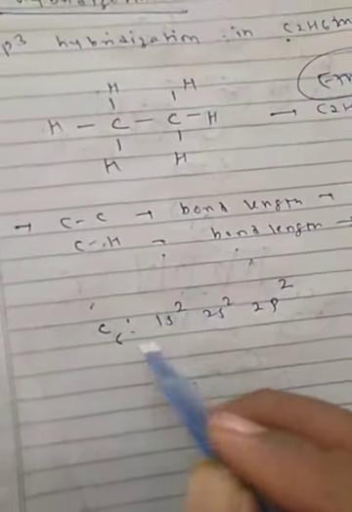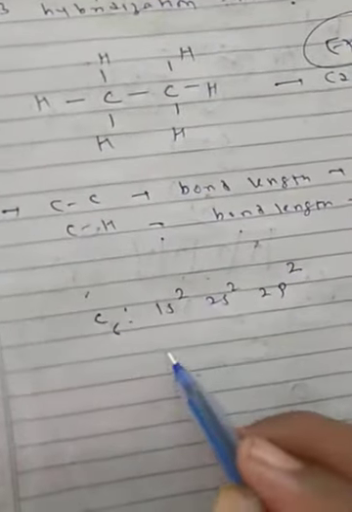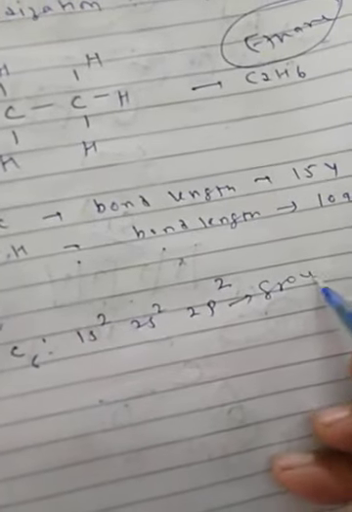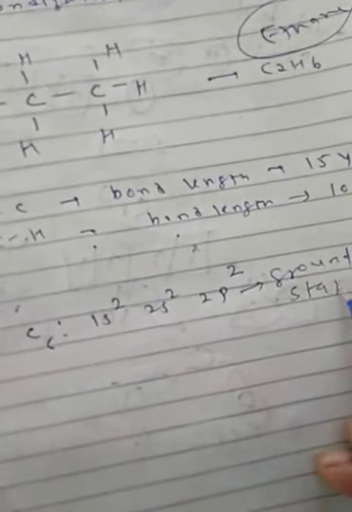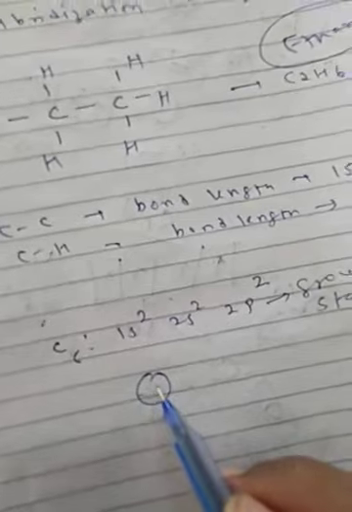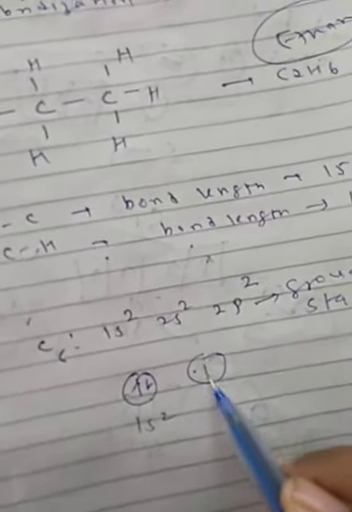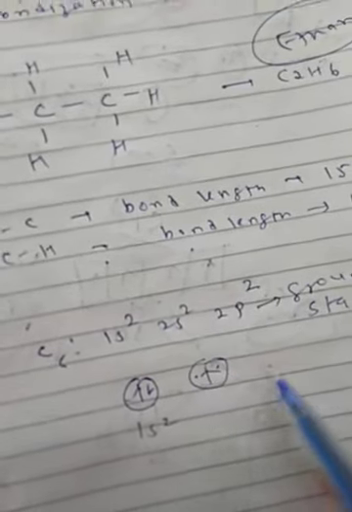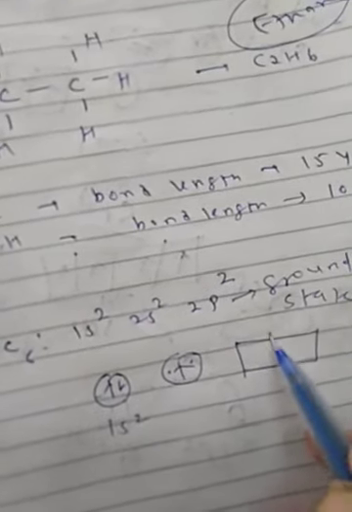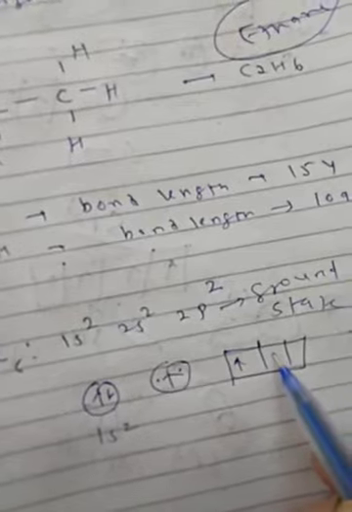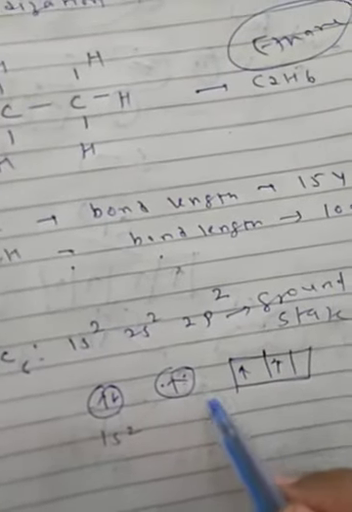Now you are knowing carbon 6, 1s2, 2s2, 2p2, that is called the ground state. Earlier also I explained. Now carbon in excited state: this is 1s2, 2s2 will leave, and 2p is 2p2 in ground state. From this, one electron will shift to this orbital.